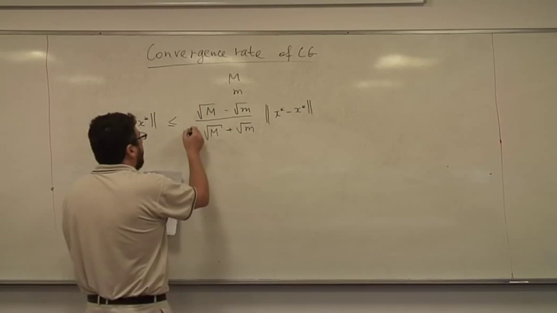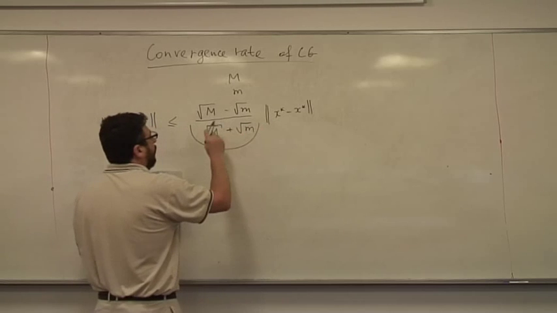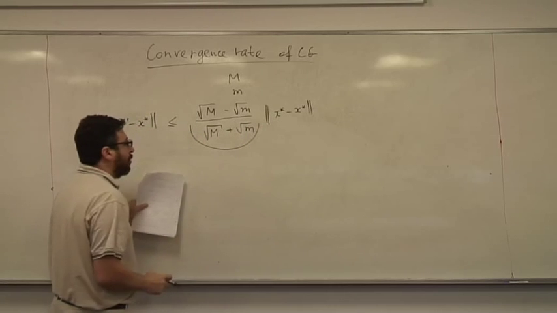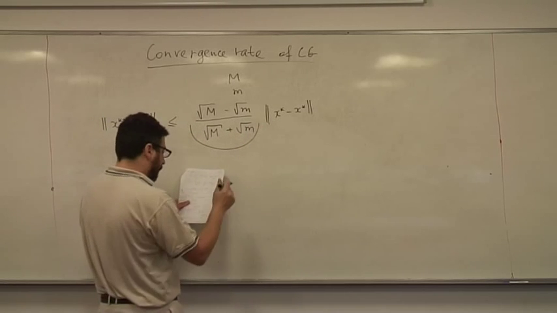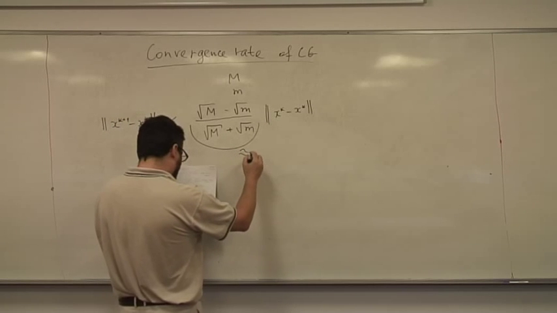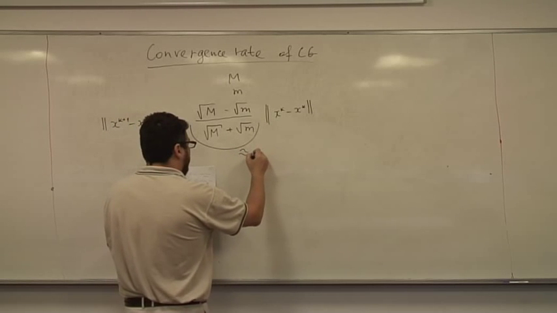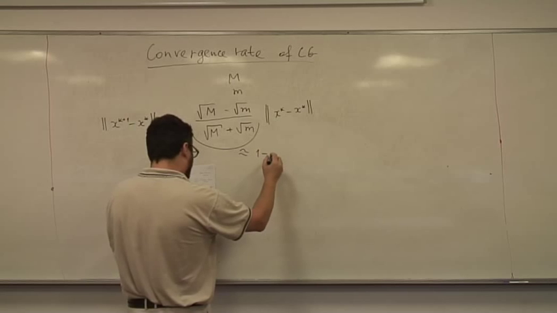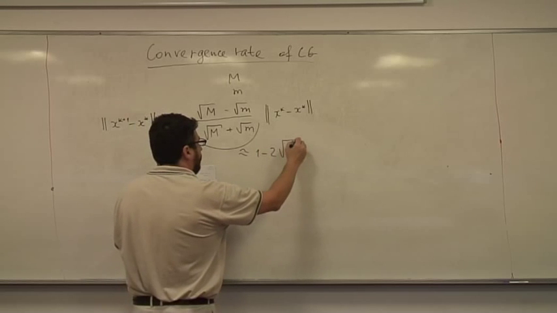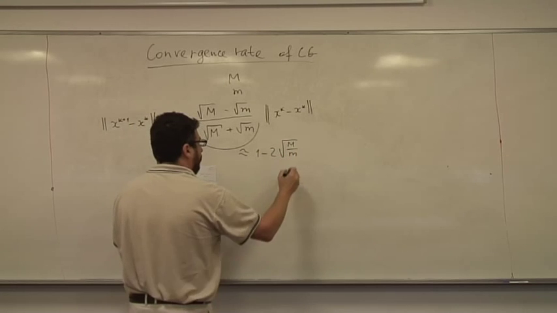And this expression, when capital M is much larger than lowercase m, is approximately 1 minus 2 square roots of lowercase m divided by capital M.